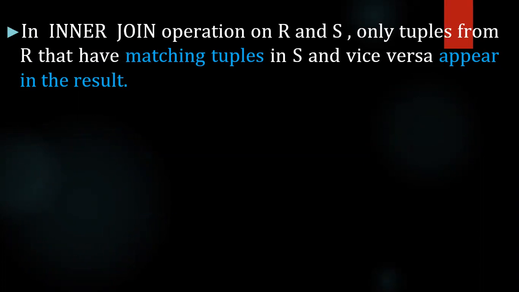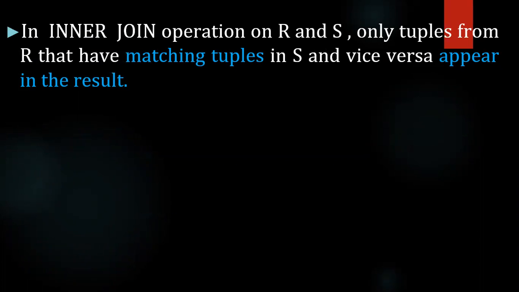In case of inner join, whenever I apply inner join operation on relation R and S, the result of inner join contains only the tuples that satisfy the selection condition, the matching tuples between the two relations.